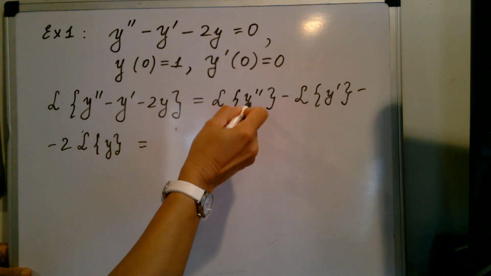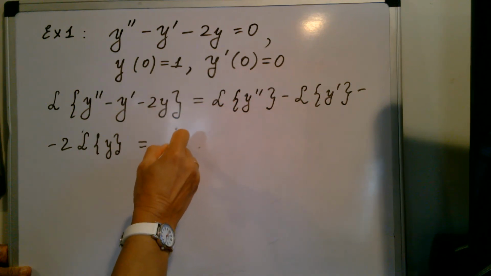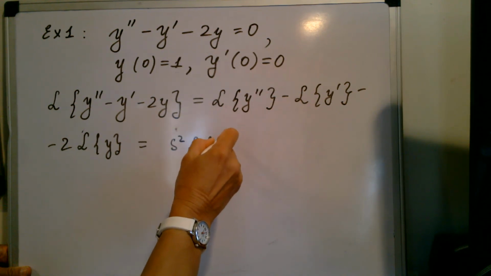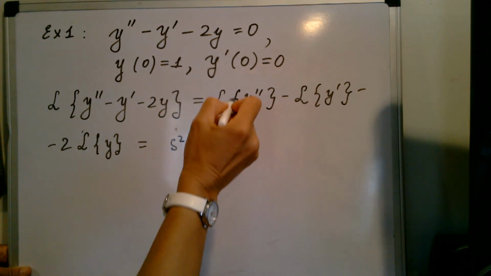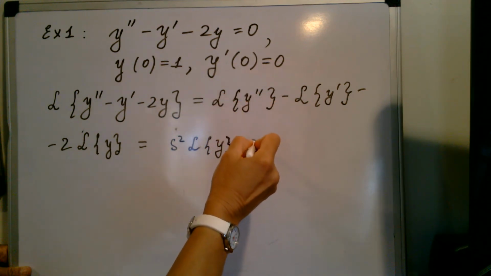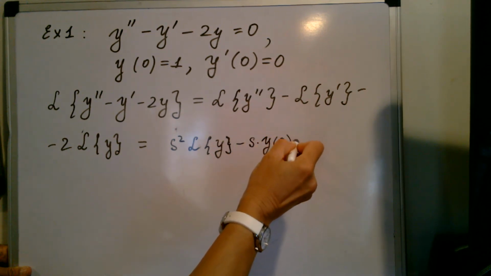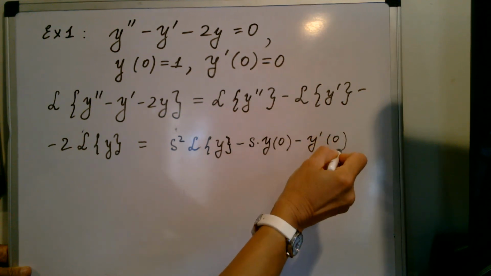So we remember the formula. The Laplace transform of a second derivative is s squared times the Laplace transform of the function, minus s times the function at 0, minus the derivative at 0.